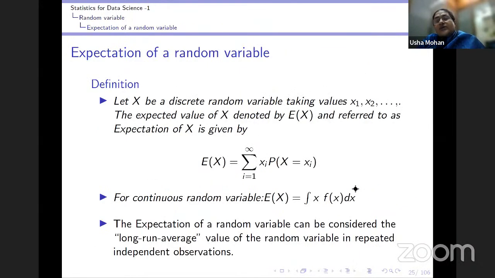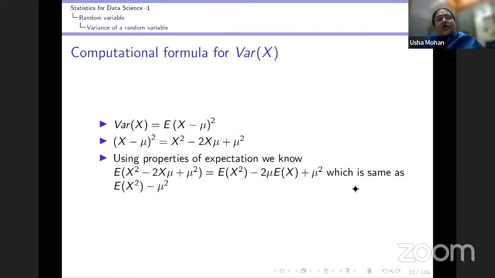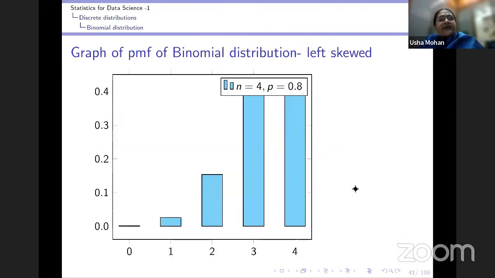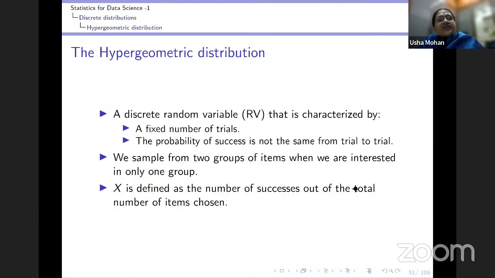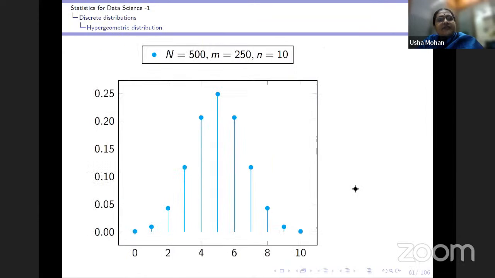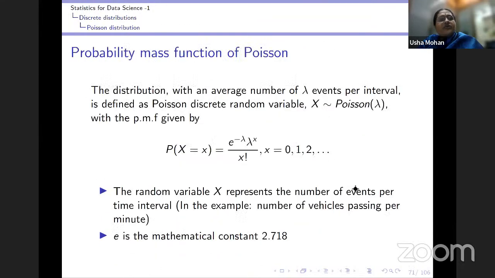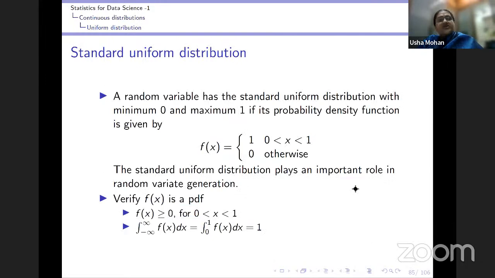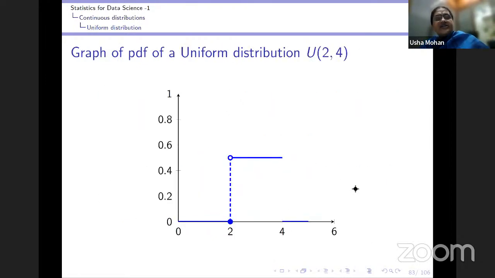So now, just as we define what is an expectation of a random variable, we'll talk about the CDF of a continuous random variable and come back here. Suppose I have a continuous random variable.